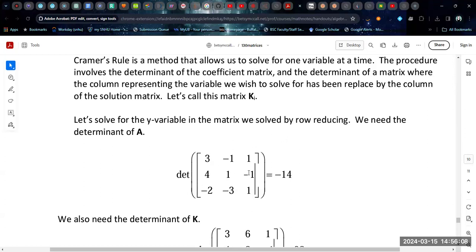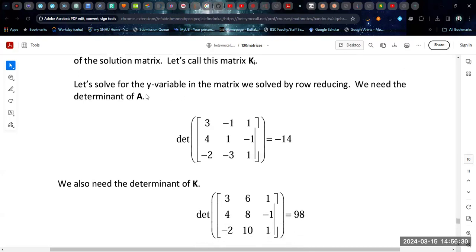Now, the idea here for each of our variables is we need to calculate the determinant of the coefficient matrix, and then we need another determinant where we are swapping out one of the columns of our matrix with our column of constants. So the process here basically is we're going to find the determinant of our coefficient matrix.